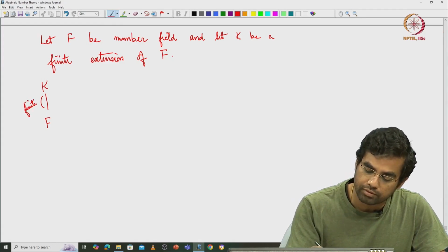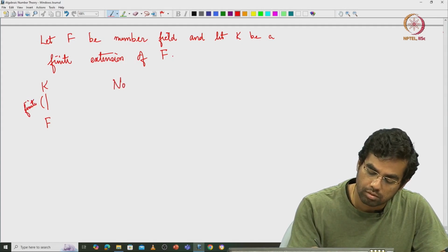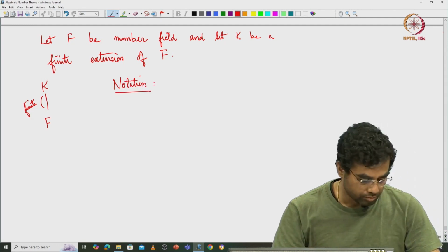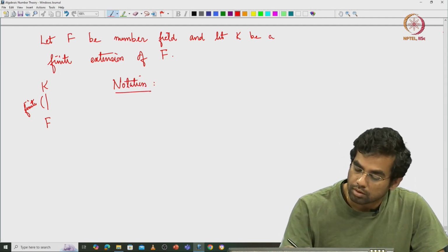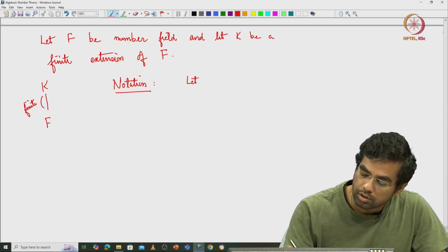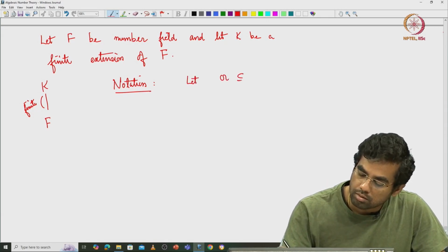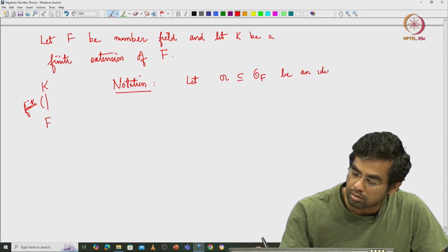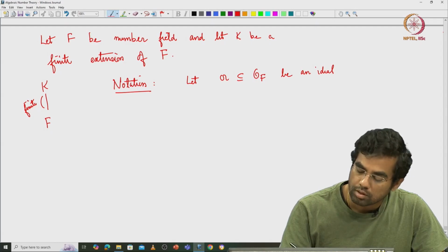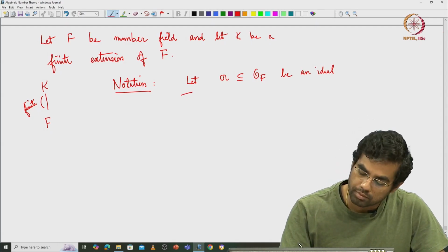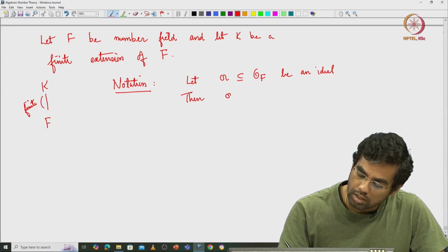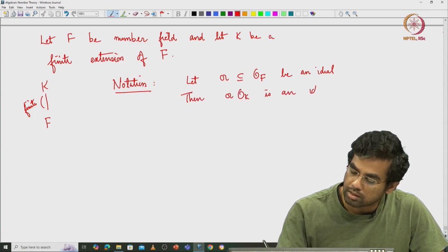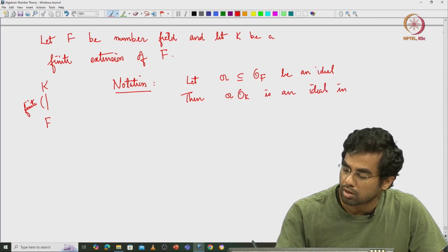So, here is a piece of notation. Let A be an ideal. Then A times OK is an ideal in OK.